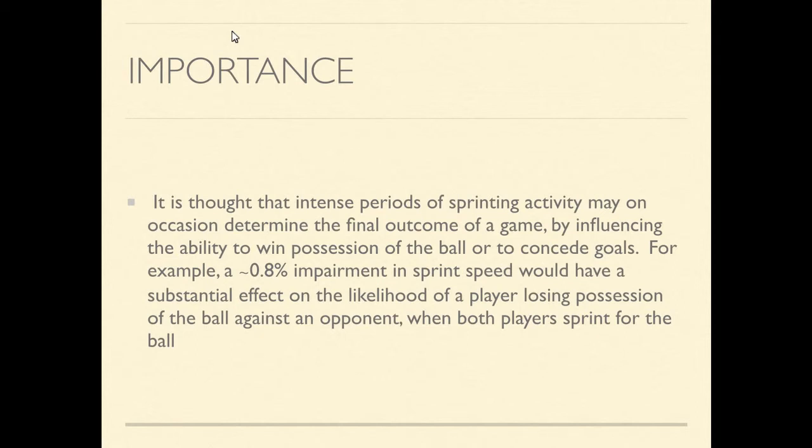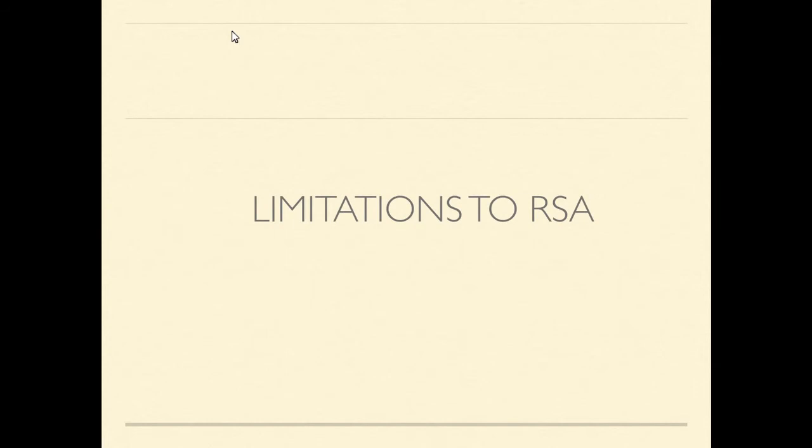If you think about it, even if you lose like 20% of your ability to sprint by the last quarter, or the last fourth of the game, while the other team's able to maintain, they're going to smoke you. And that's kind of key. We're trying to maintain that ability to maintain high intensity performance.